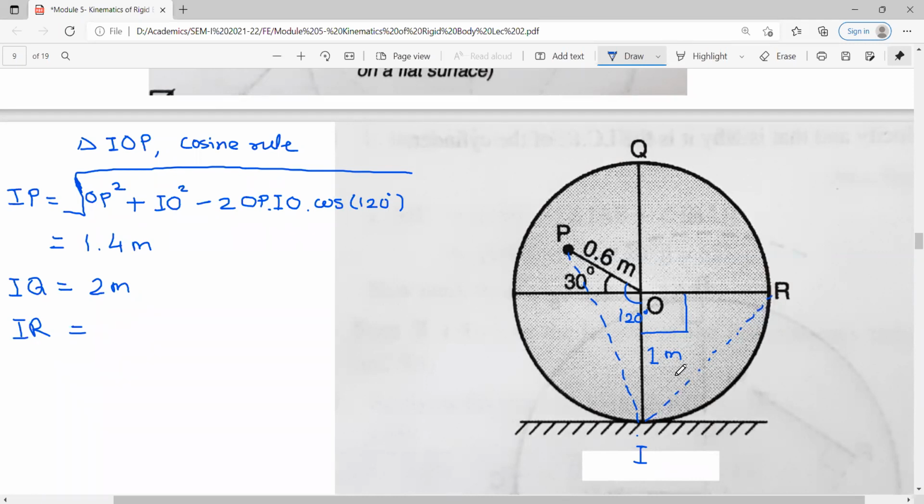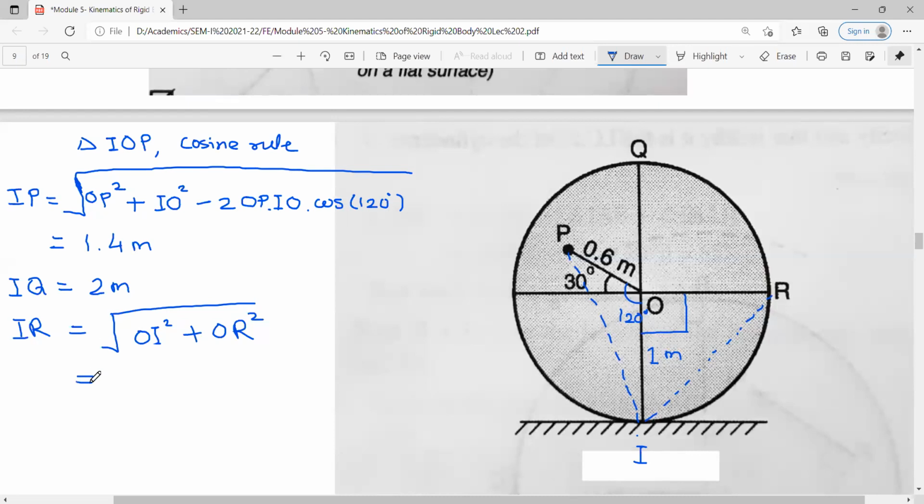So IR will be equal to under root, according to Pythagoras theorem, OI square plus OR square. And OI and OR both are the radius 1.